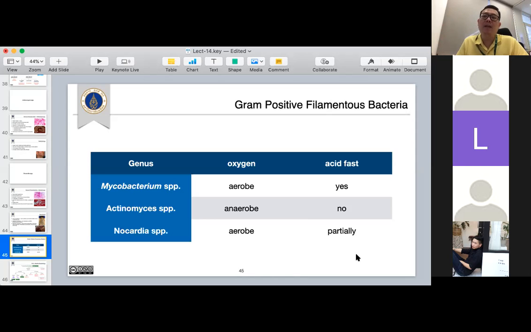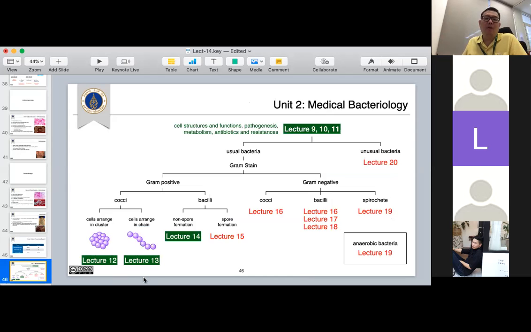If you observe under the microscope, you might see a beaded bacillus because some areas stain and some areas don't. Okay, so in summary, today you learned Streptococcus and non-spore-forming bacilli.